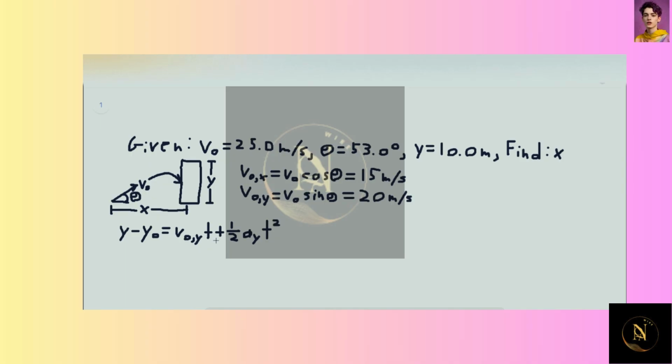Okay, so I have this kinematic equation for the y direction. So I have y and y0 here, and I have the y component of the initial velocity.